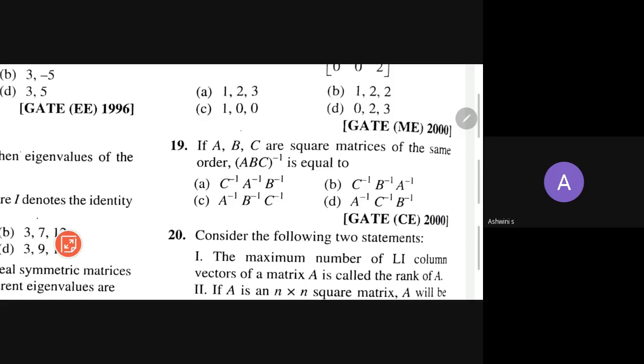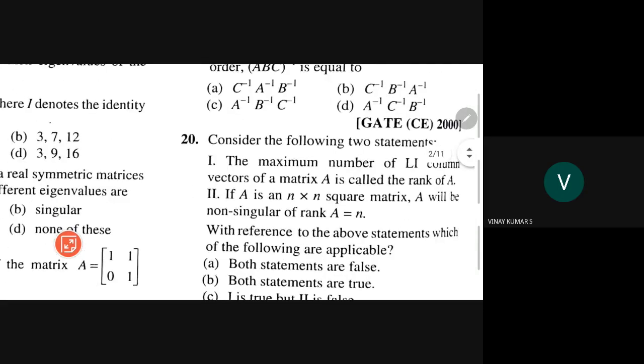Vinay Kumar, 19th question. Sir, is it option B? Option B, good, right.